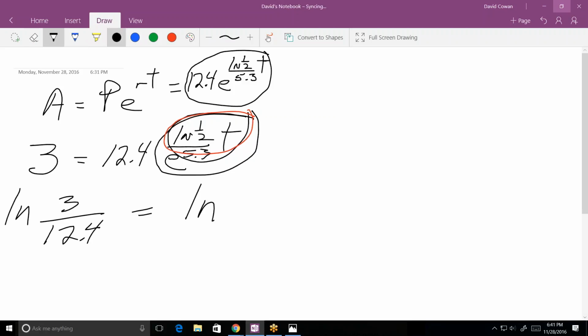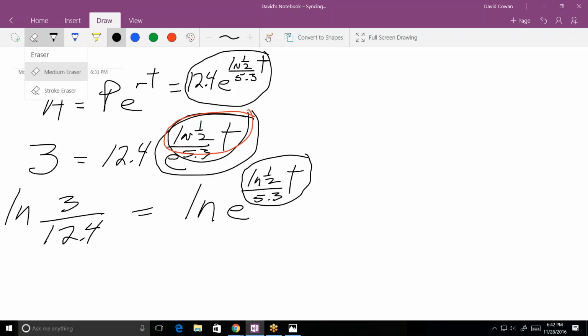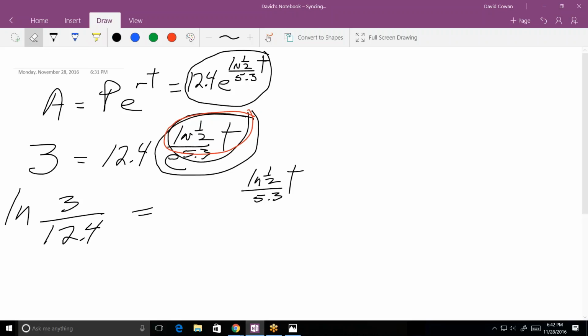I'm taking the natural log of E, and it's being raised to the natural log of 1/2 divided by 5.3 times t. Now, using the properties of logs, I can take that entire exponent and put it in front. And I'm left with the natural log of E, which goes away. In other words, the natural log of E is 1, so I can erase that, and that's what I've got.